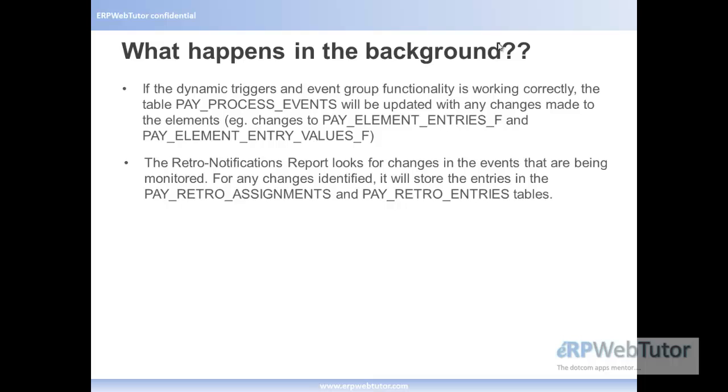It detects the event and an entry is made. An entry is also made on the pay retro assignments. So now the concept of retro assignment comes into the picture. It will tell the payroll process or the Retropay process what the retro assignments are and what the retro entry is. So the two tables that we are considering here are the pay retro assignments and the pay retro entries table.